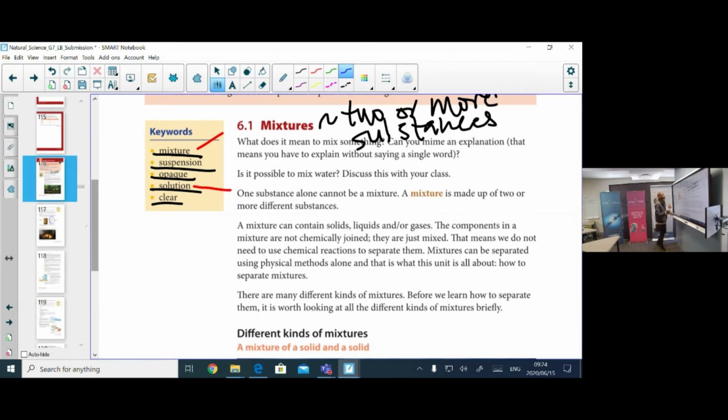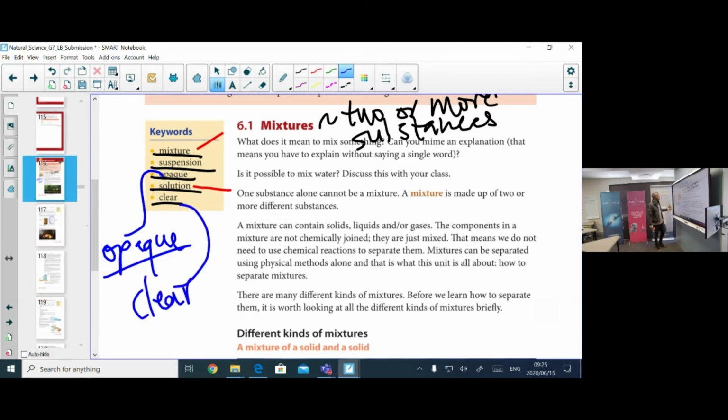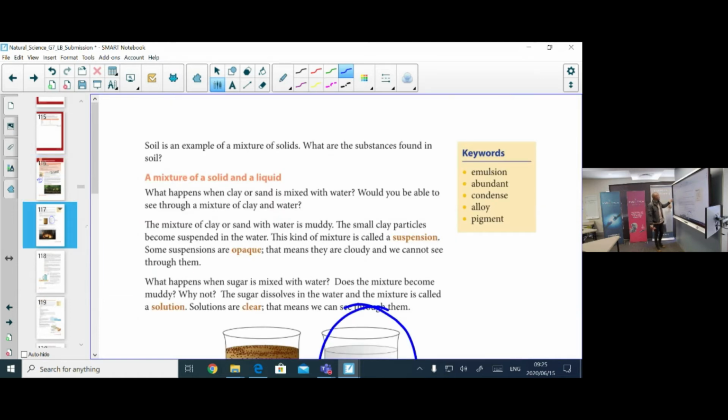We say we have particles suspending in our solution, and those particles suspending in our solution make the solution what? They make our solution opaque, right? It is difficult to see through these solutions. And when we do not have our solution as opaque, we have it as clear. Easier to see through.